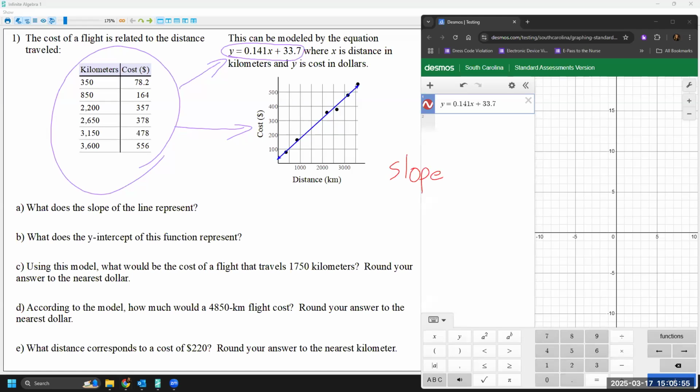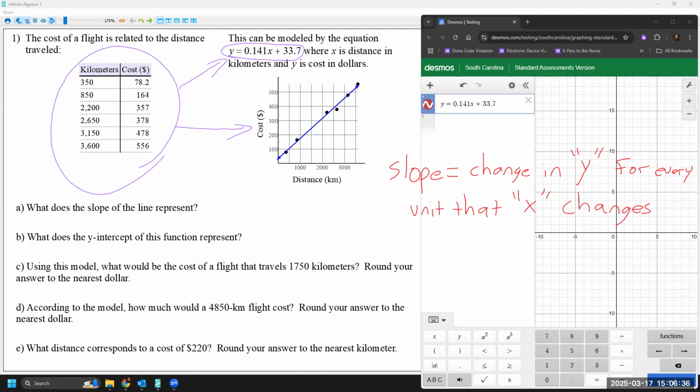Slope is always going to be the change in y for every unit that x changes. Now that is a general statement. We're going to try to make that make sense for this specific problem.